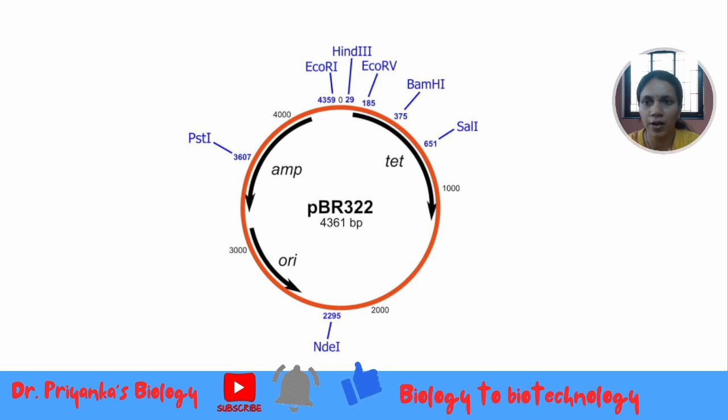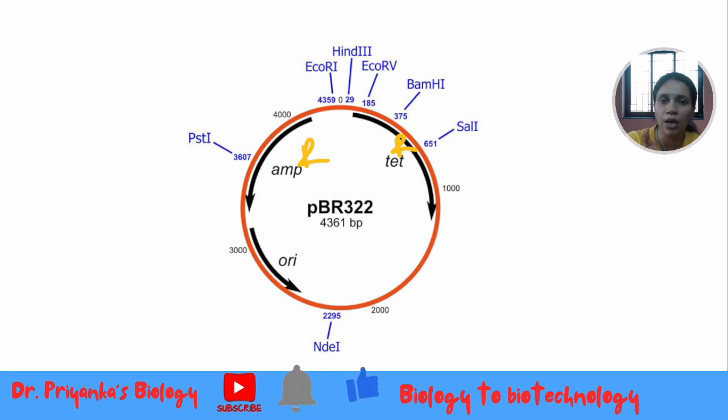The rest will be sensitive because by default they do not have the resistance genes. So the others will die. The non-transformants, because they will not have the plasmid, are ampicillin sensitive and tetracycline sensitive.